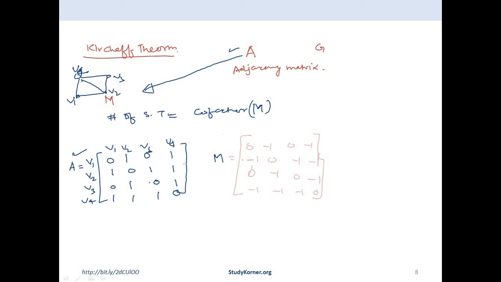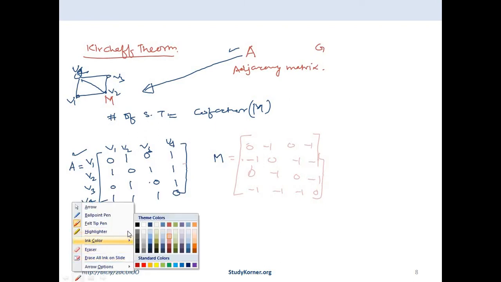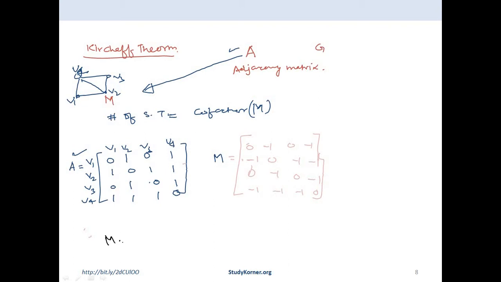Then in place of 0 in the diagonal elements, we replace it with the degree of the vertices. So the next step of constructing M is to replace the values of the diagonal elements. For V1, the degree I can find from the graph is 2, so I replace it with 2. The rest of the things are kept as they are. I only change the diagonal elements: the second diagonal element is replaced with the degree of V2, which is 3.